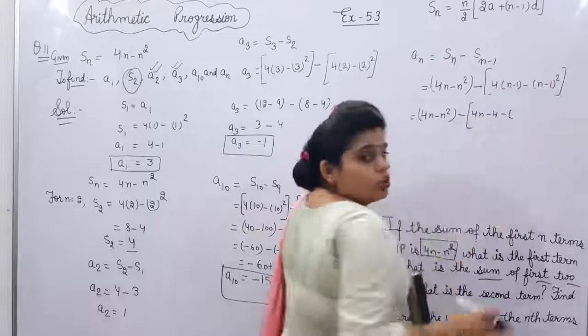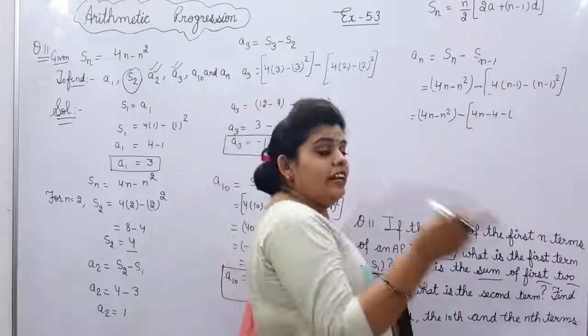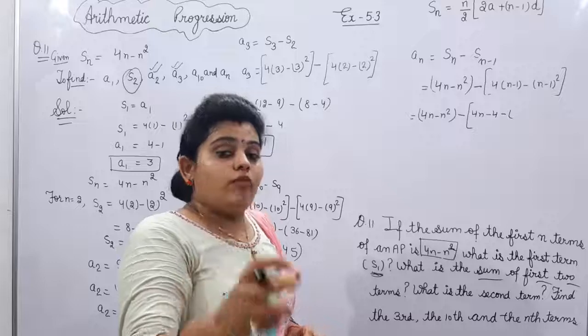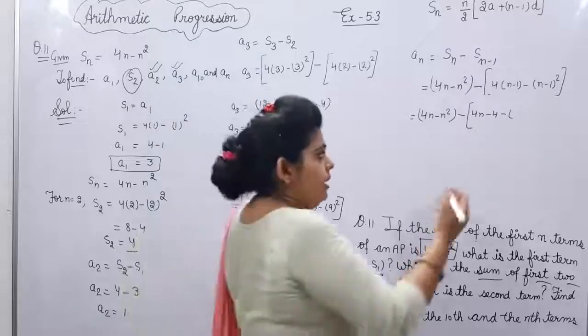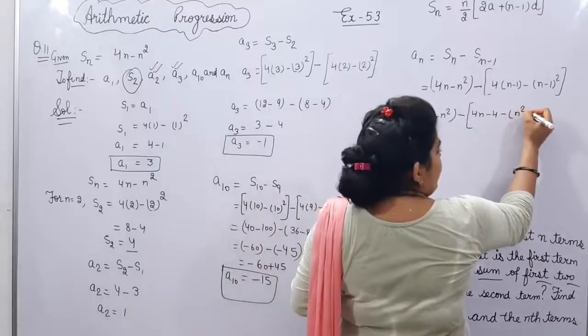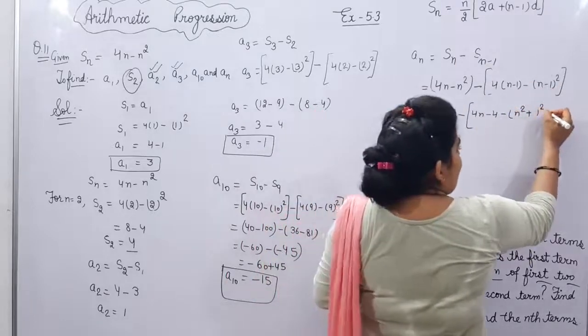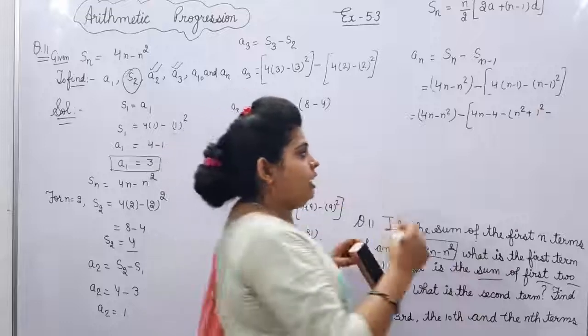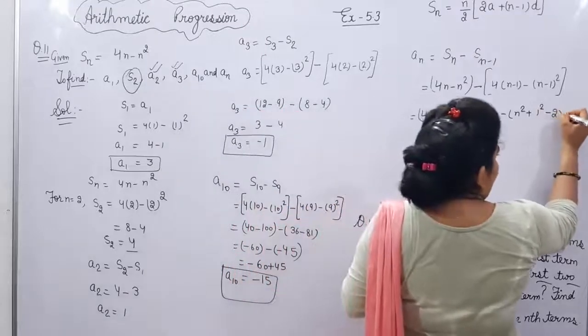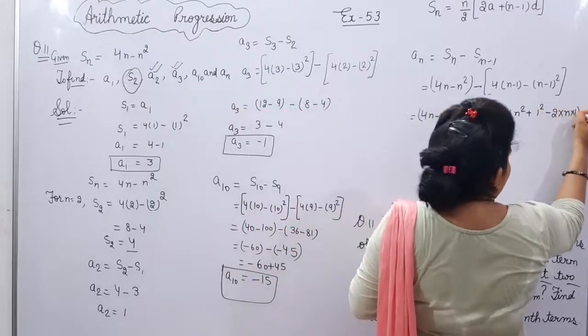A minus b whole square identity we will use here. According to that identity, a minus b square will equal to a square, means here n square plus b square, means 1 square minus 2ab. It means 2 into n into 1.